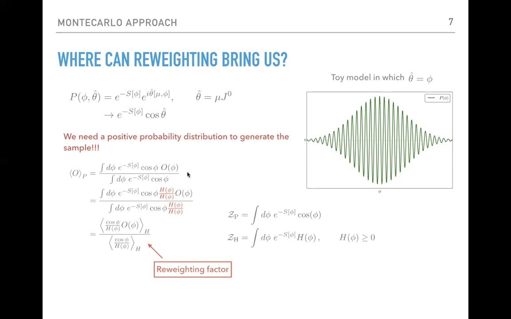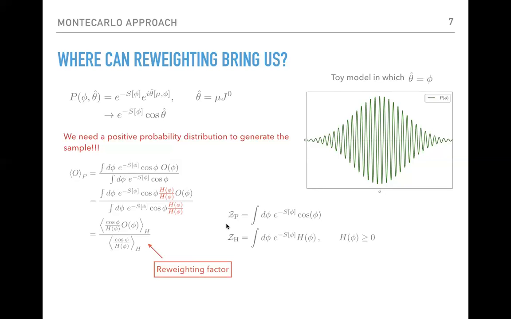So we can try and play this game and introduce some auxiliary function h here. And then, like I said, calculate expectation values according to P just by taking this ratio. Now we are calculating these expectation values in terms of H, but we have to correct with this reweighting factor.